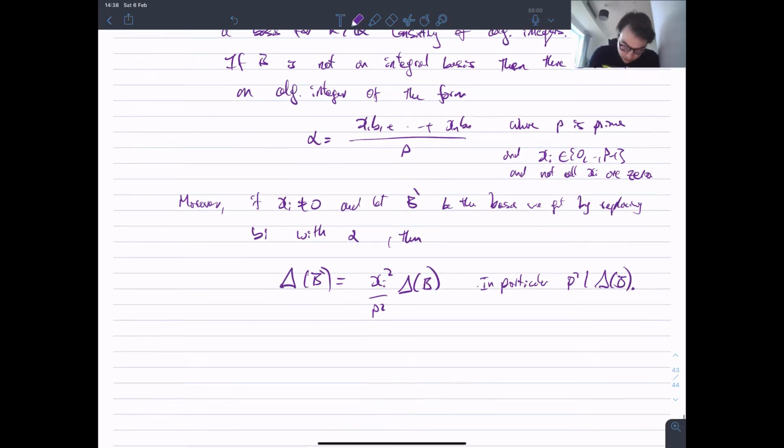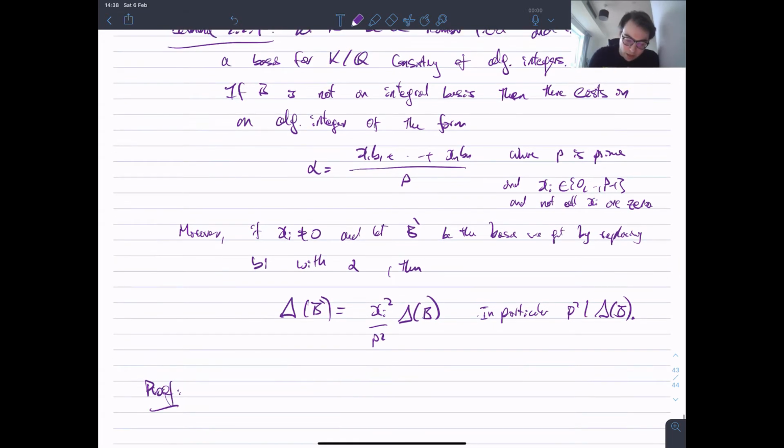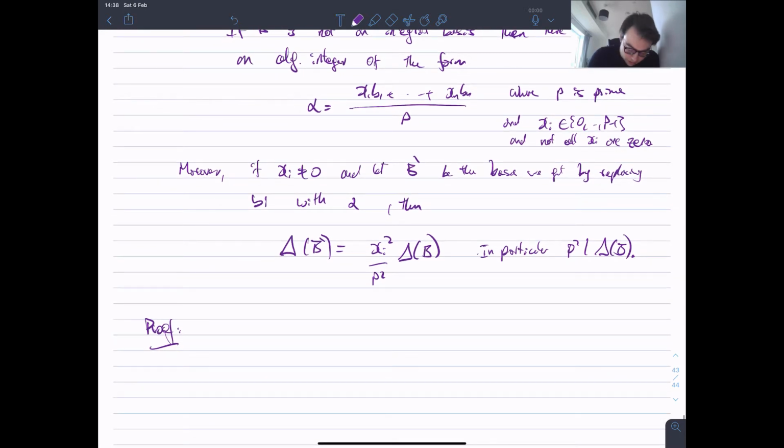Okay, so let's prove this. Proof. Let's assume that b is not an integral basis.